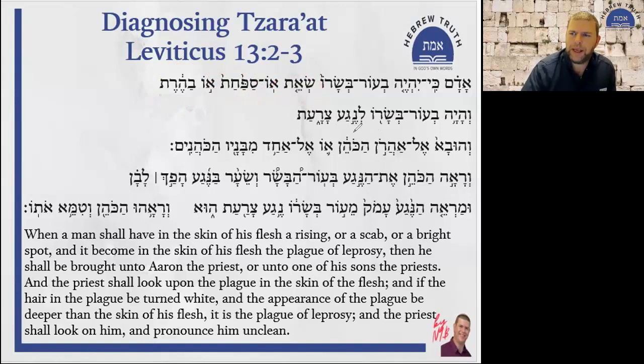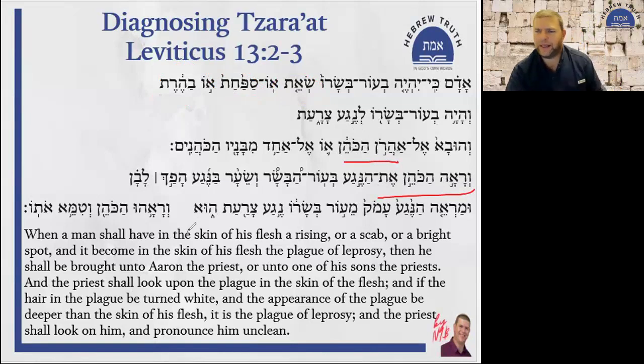All of these may be tzara'at, but in order to diagnose tzara'at, we have to have a priest, and only a priest, after having seen it, can declare that this is tzara'at.